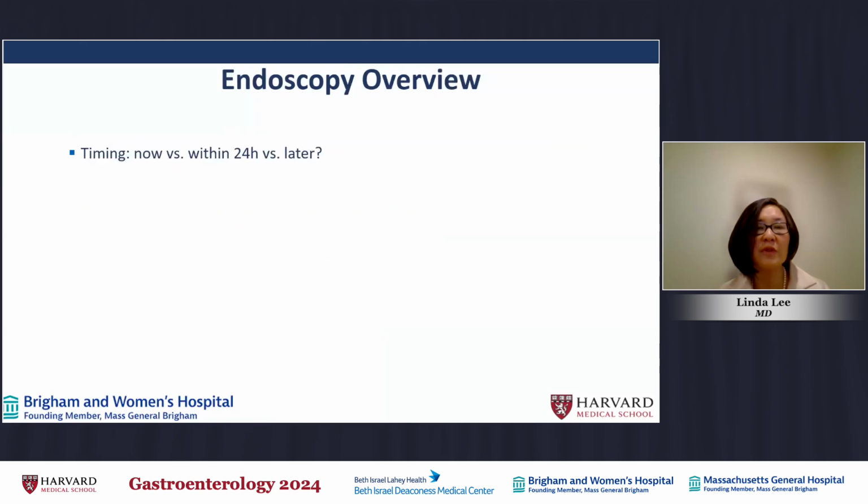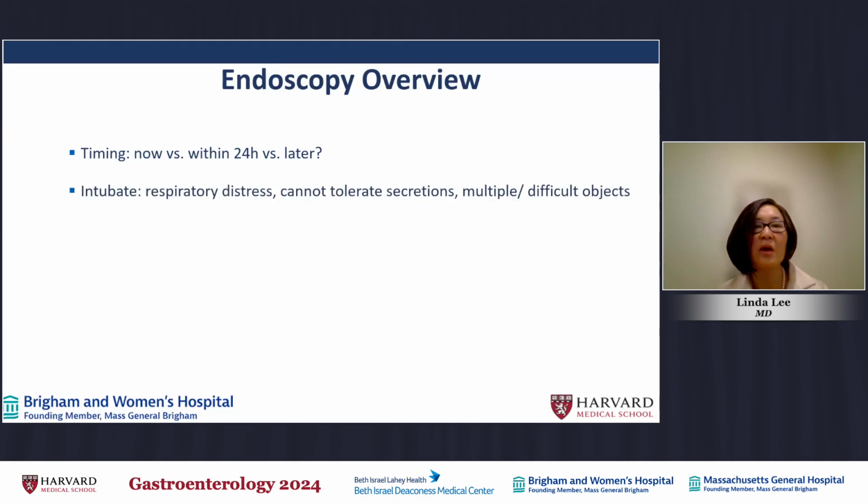So in terms of the issues faced with endoscopy, of course, it's the issue of timing. Do we need to come in right now, or can we do it first thing in the morning or later? Of course, always be mindful about protecting the patient's airway, and I would have a low threshold to intubate these patients to protect them.